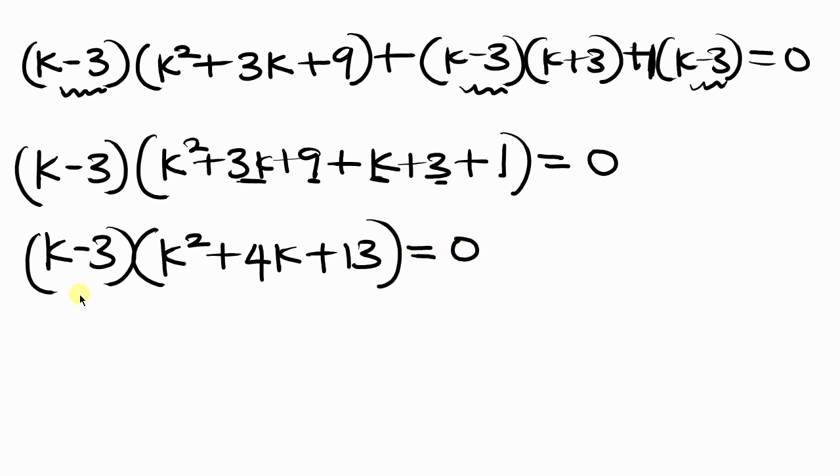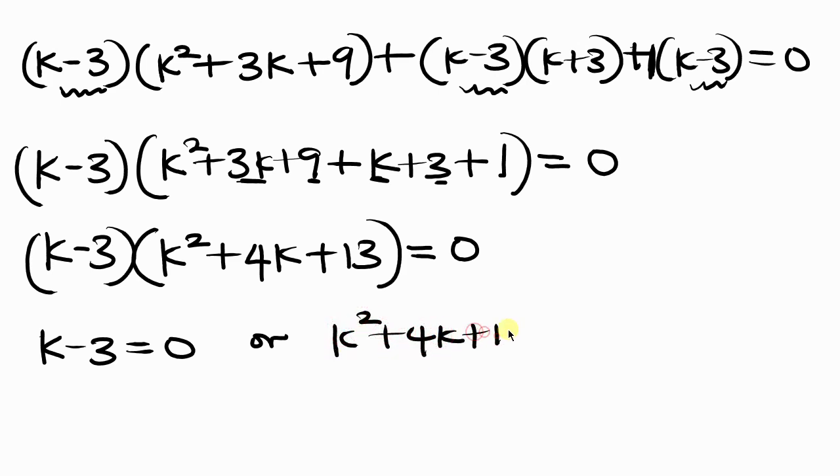Now we have two factors that multiply to give 0. So what that means is that either of them must be 0. So either k minus 3 must be 0, or k squared plus 4k plus 13 must be 0. So we have two cases to solve, but let's start with this first one.